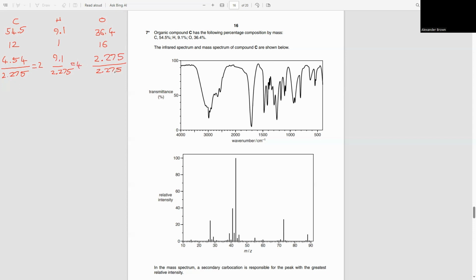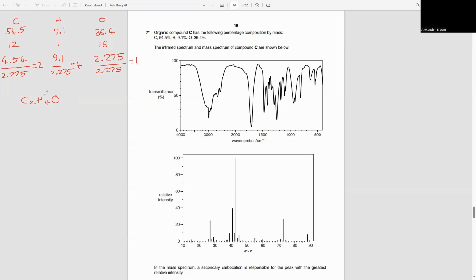And 2.275 divided by 2.275 is, of course, 1. So this means our empirical formula for organic compound C is C2H4O.